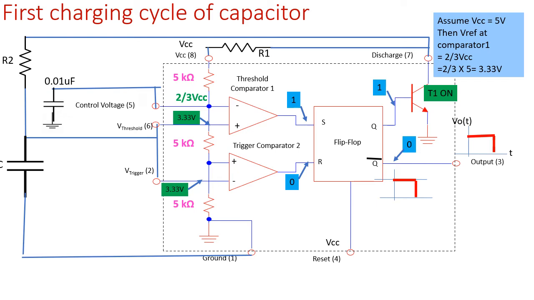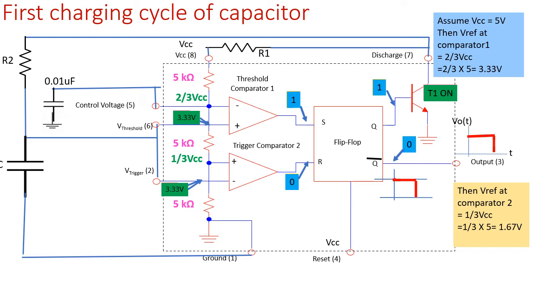So this is the reference voltage for comparator 1, and it will be fixed. In the second node of this voltage divider network, this will be 1/3 VCC, and it corresponds to 1.67 volt. Means at this comparator the reference voltage is fixed at 1.67.